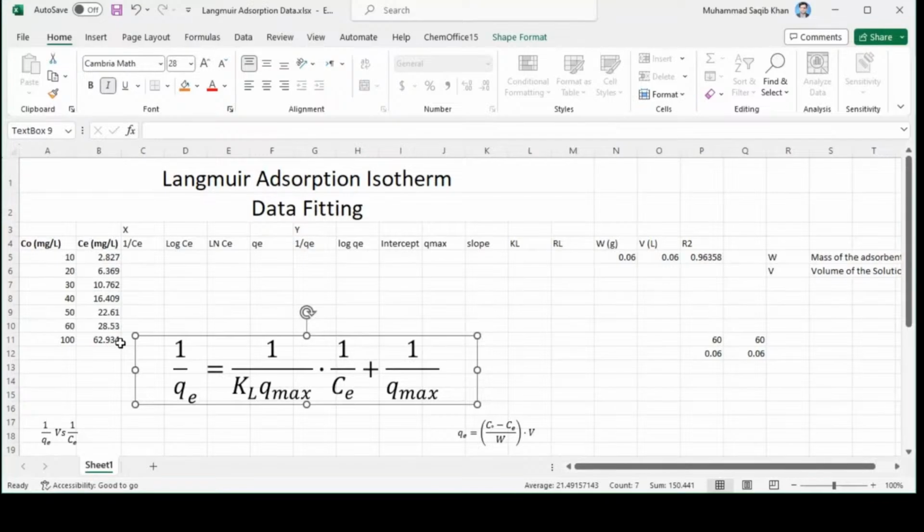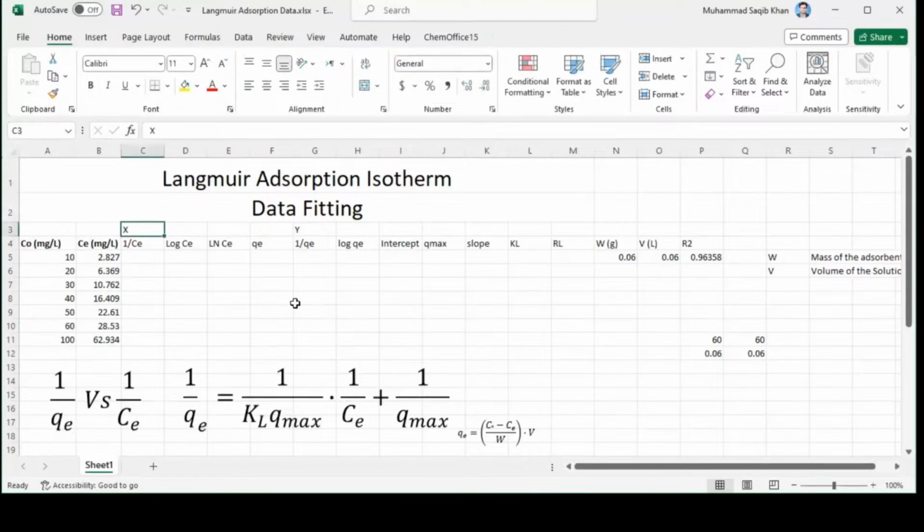So it is equal to 1 divided by CE. This is our CE value. Then drag this formula till the end, and this formula will be copied throughout. Then log CE value and press enter. The same, double click this one or drag this one, and this will copy the formula till the end.